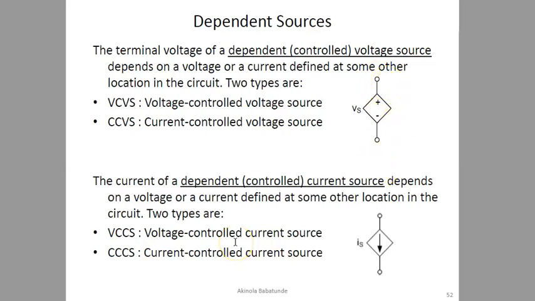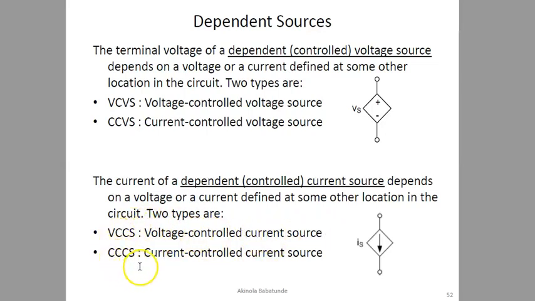We also have the dependent current source. The current of a dependent or controlled current source depends or relies on a voltage or a current defined at some other location in the circuit. We also have two types of dependent current sources. We have the voltage controlled current source, which simply means this current source is controlled by a voltage.